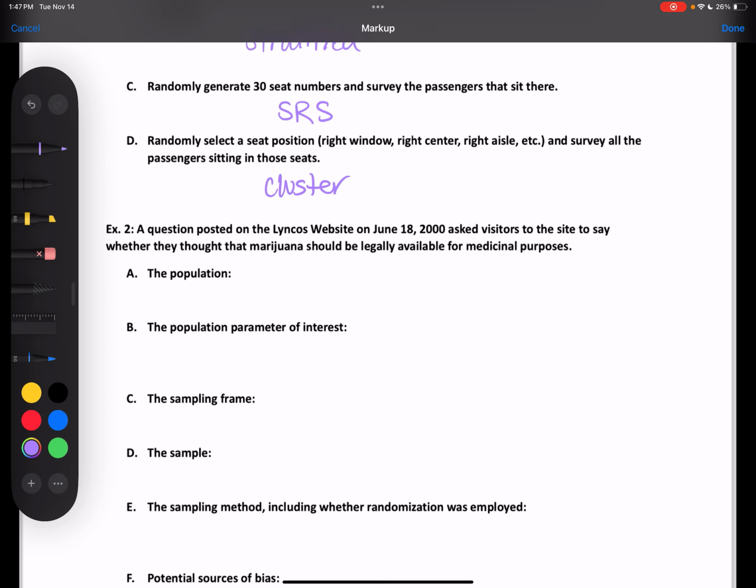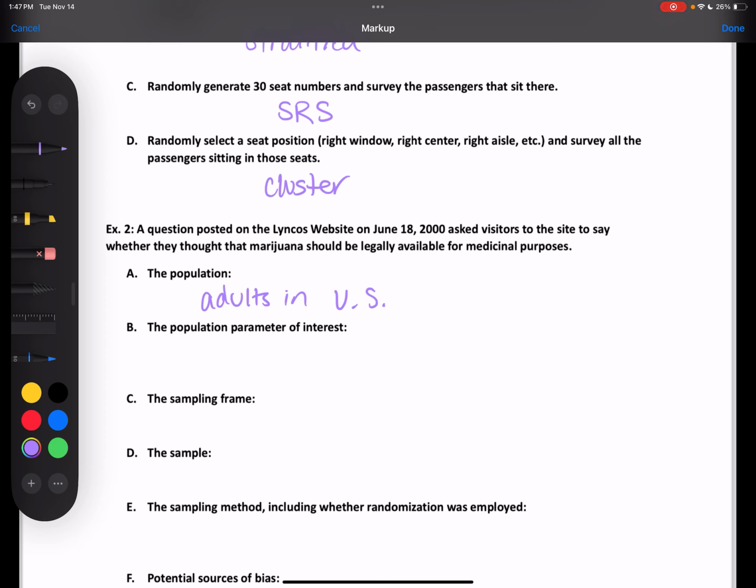So we're not looking for a number. Adults in the U.S. The population is who you are pulling from. I thought it was for a number. And you said 2000. That's the year.